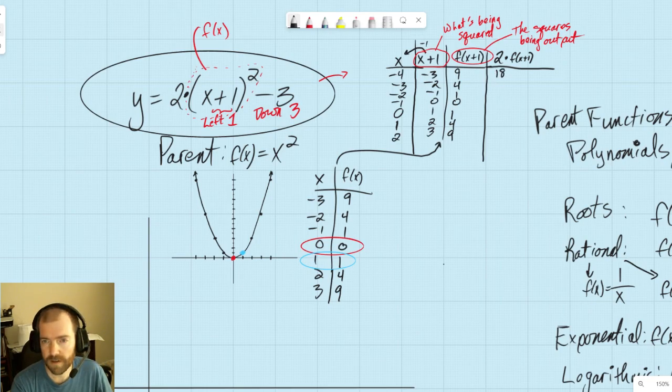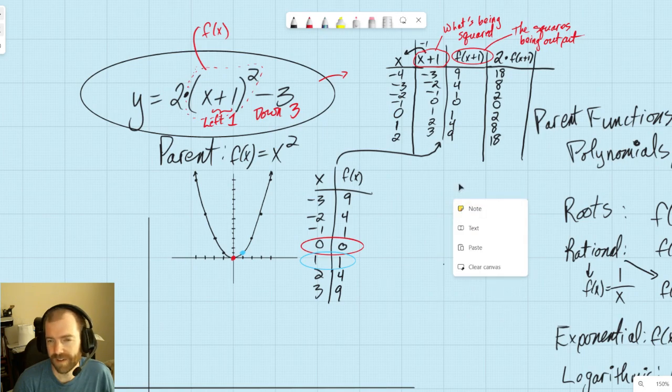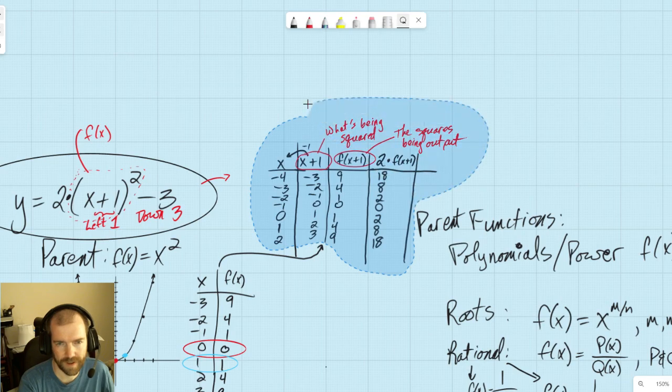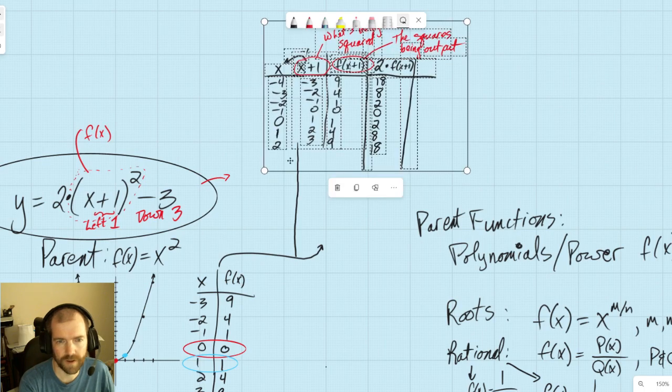This is going to be 18, 8, 2, 0, 2, 8, 18. I'm going to need more room.